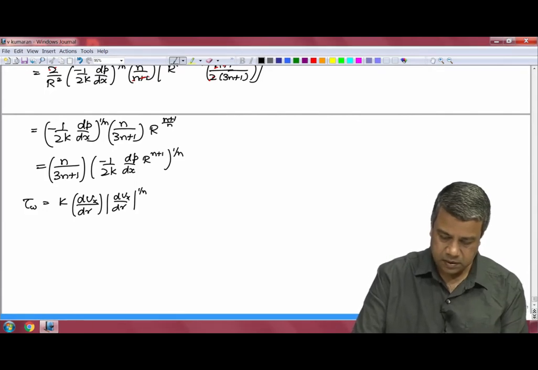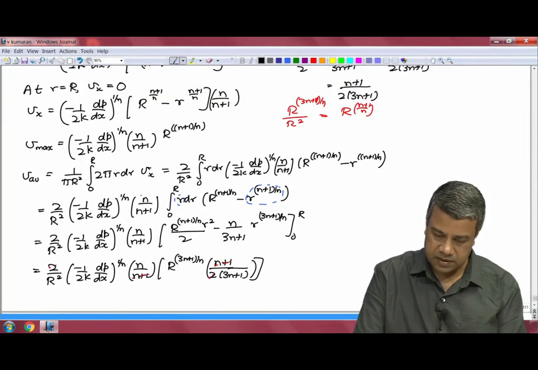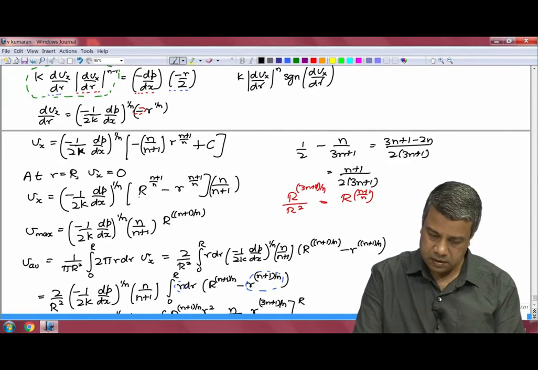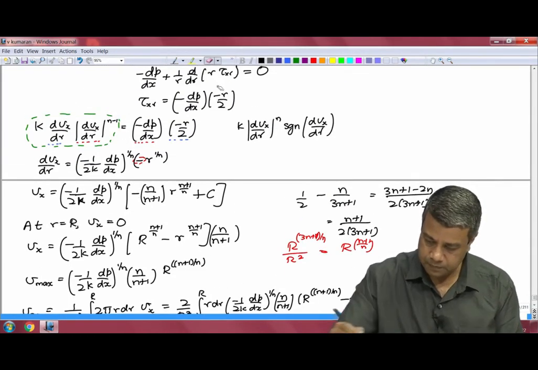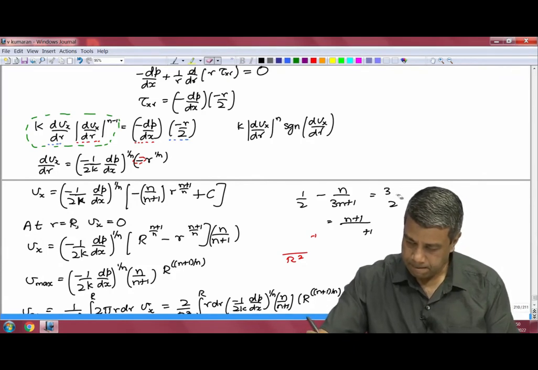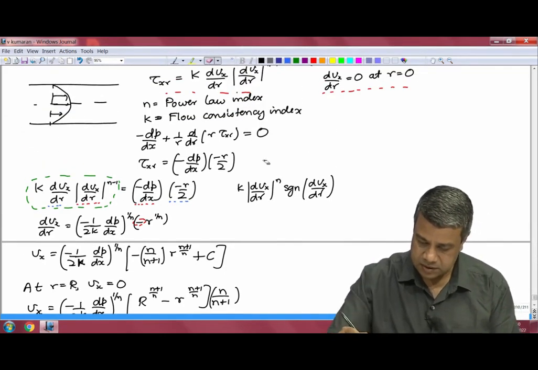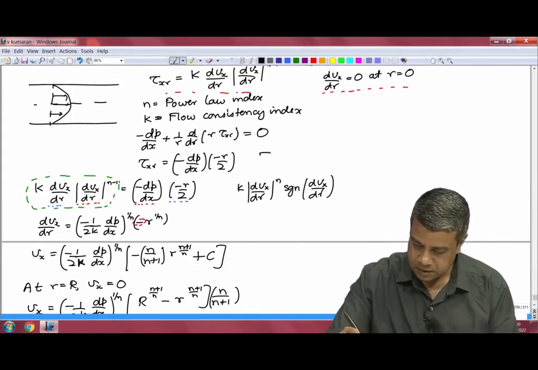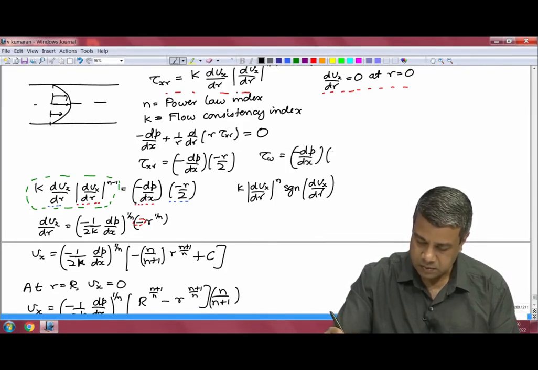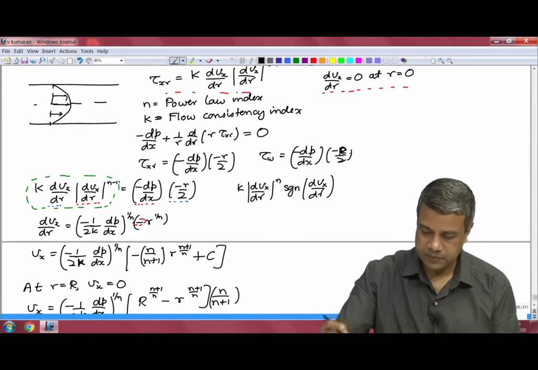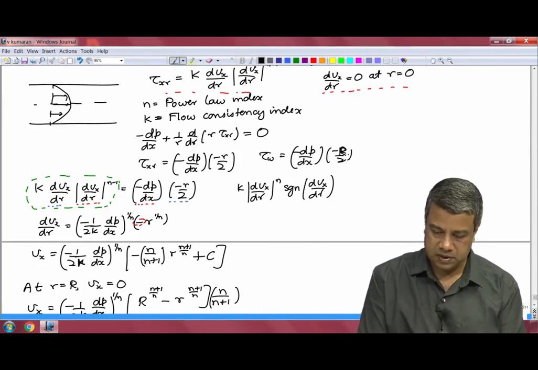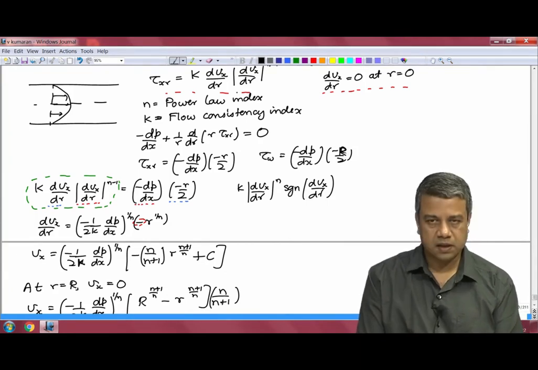Or I can also get it from this expression here for the wall shear stress. Okay. Tau w is equal to minus dP by dx into minus r by 2. That is the wall shear stress, okay, at r is equal to capital R.